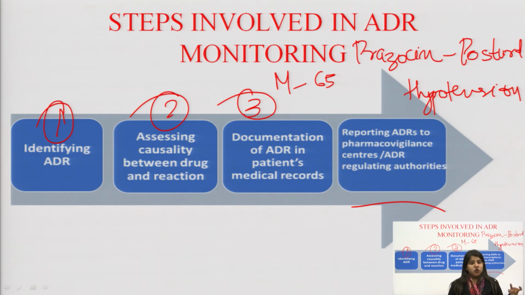There is a whole cycle: the zonal centers will send it to the central center, and then it will eventually go on to the UMC, that is Uppsala Monitoring Center, and then they take the decision on what has to be done with the drug, right. So, the last step is reporting of the ADR to the pharmacovigilance center.